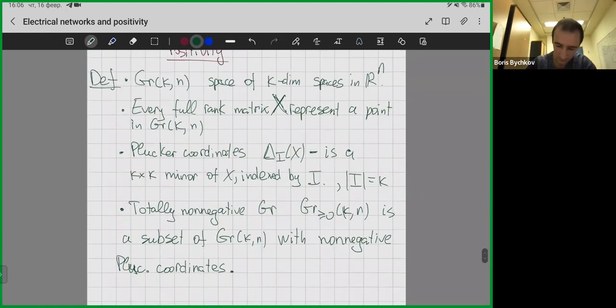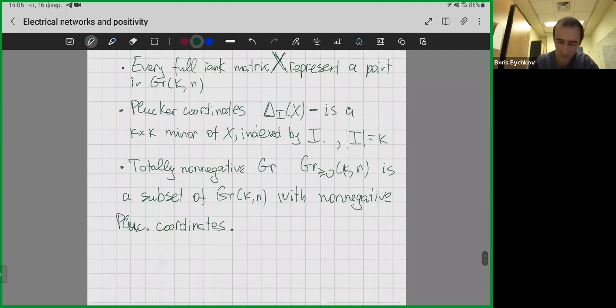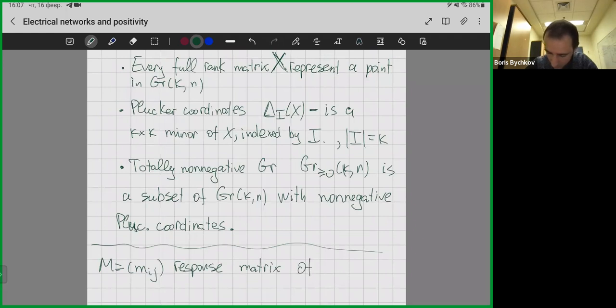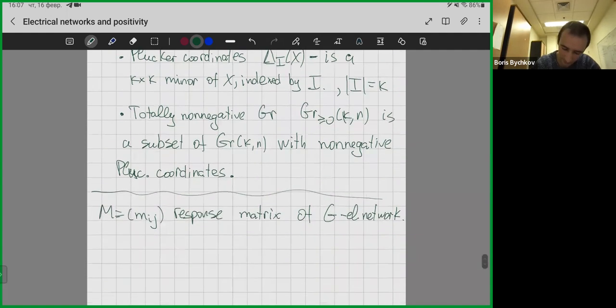So we had this matrix M_ij as the response matrix of the electrical network G, and let me construct a new matrix omega. So the definition: omega is the following matrix.